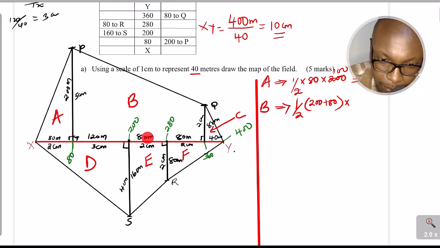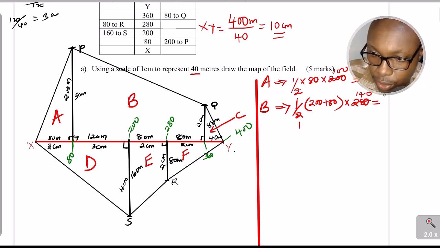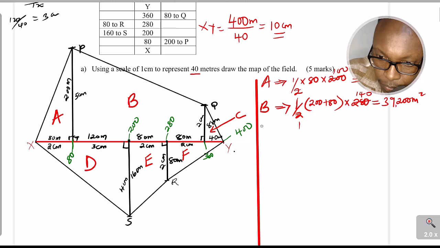So we have 120 plus 80, that is 200, then plus 80, that is 280. Half of 280 is 140. So this will give 200 plus 80, that is 280, times 140. That will give 39,200.